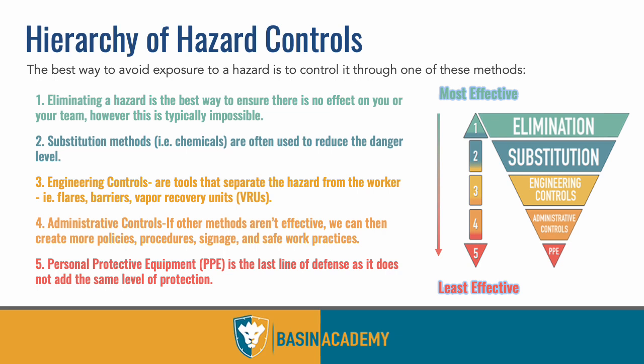Substitution, not really feasible with H₂S. Some people may call chemical treatment a form of substitution, and I can get behind that. It's a little bit different, but we actually chemically treat it with what's typically called an H₂S scavenger. What these H₂S scavengers do is they attach themselves to the sulfur atoms and then drop it out because it's heavier than hydrogen.